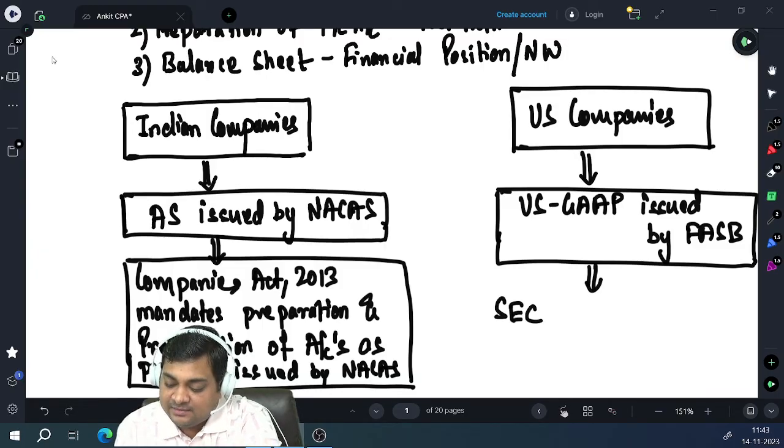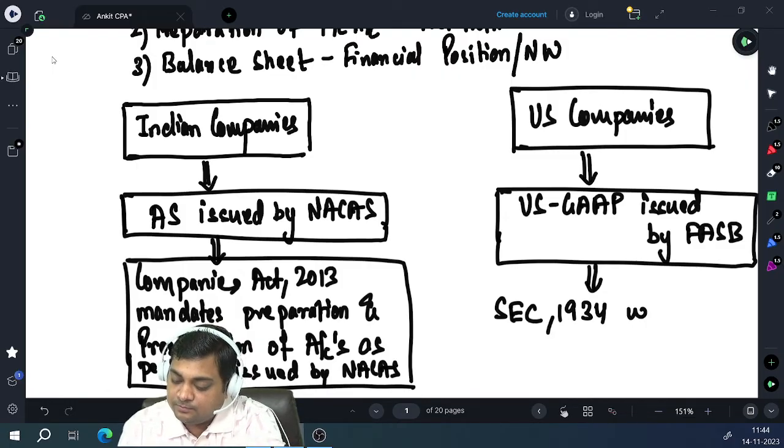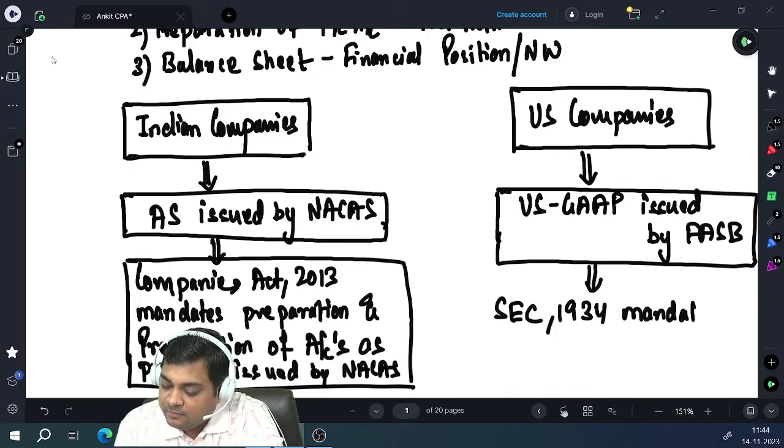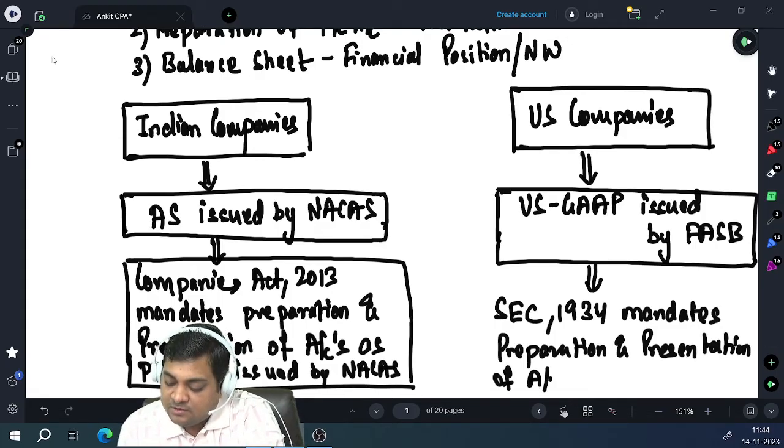It is SEC, which was established in 1934, which mandates preparation and presentation of accounts as per US GAAP.